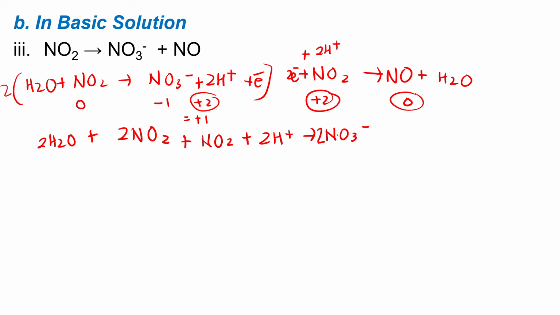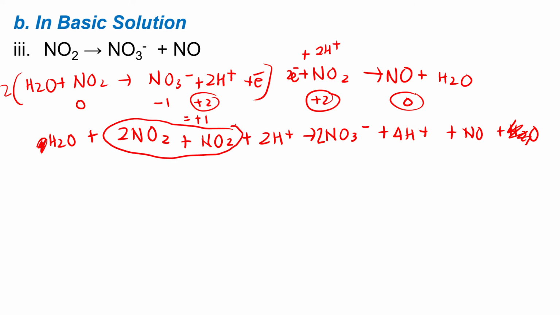So 2 NO3 minus plus 4H plus NO plus H2O. So we have H2O 2 and 1. So this one left on your left hand side. 2NO2 combined with 2NO become 3NO2. So here we have 2H plus. Here we have 4, so 2 left here.